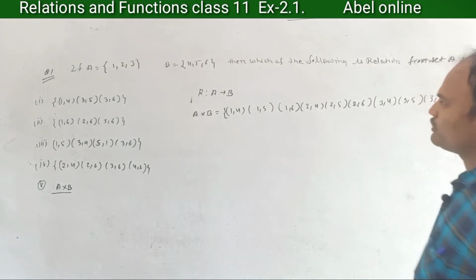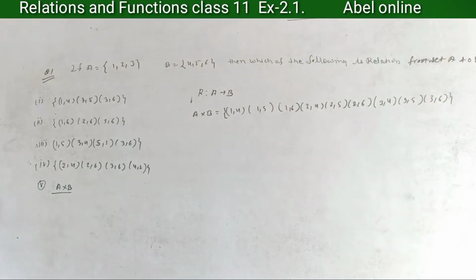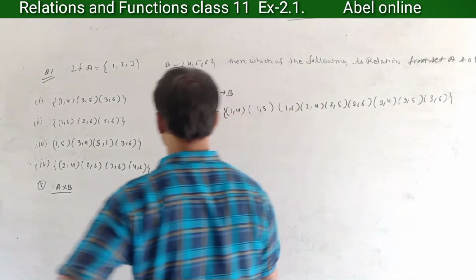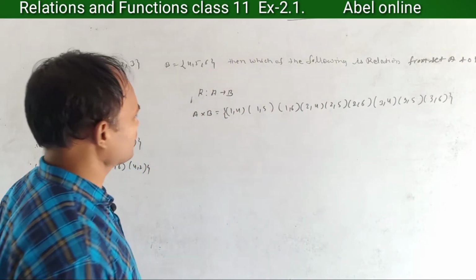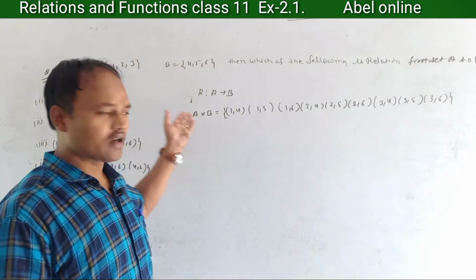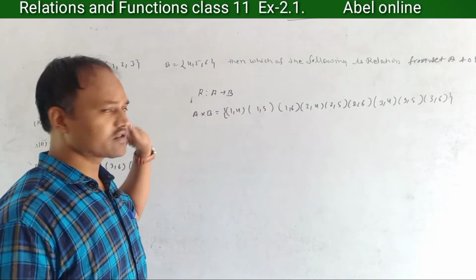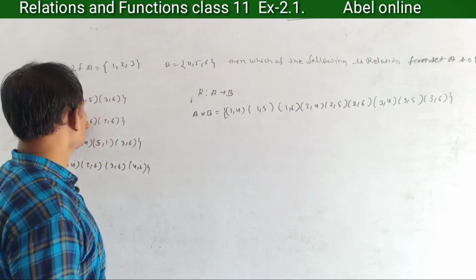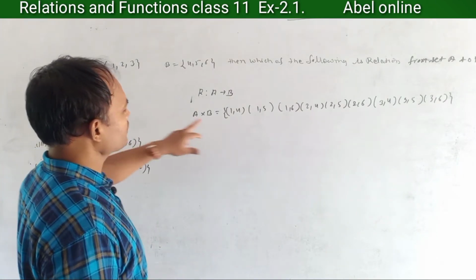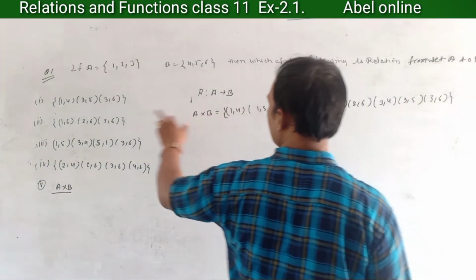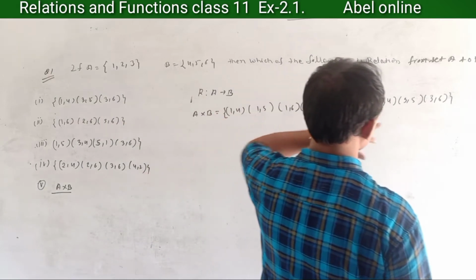These are the values of A cross B. Now we have to check whether the given values are in this set or not. If they are, it is a relation from A to B, otherwise it is not. (1, 4), (3, 5) and (3, 6) are all here.